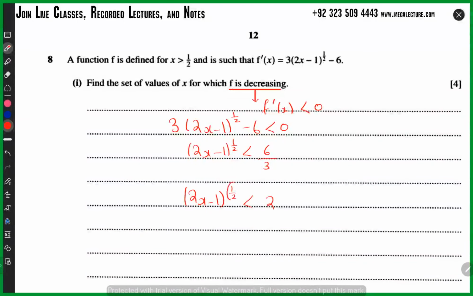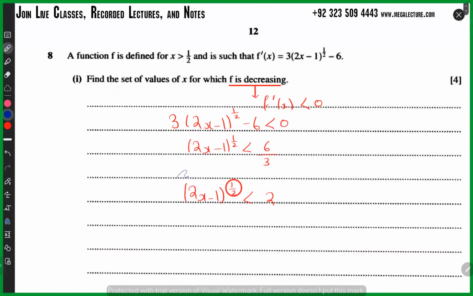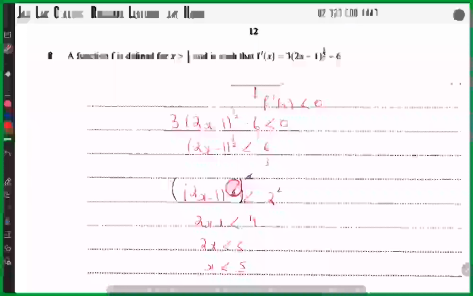I need to get rid of this 1 by 2, so I would be squaring both sides. This 2 and 2 would be cancelled. And this is going to give me 2x minus 1 is less than 4. And finally, I am going to get 2x is less than 5 and x is less than 5 by 2.